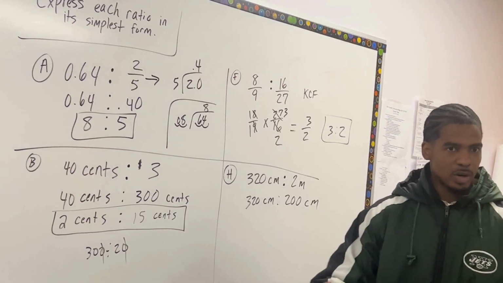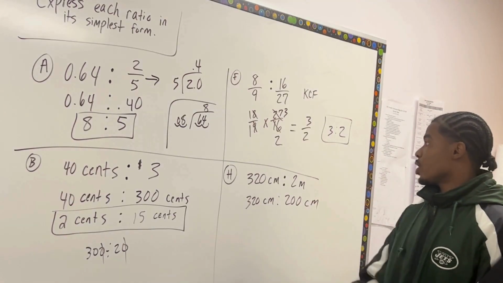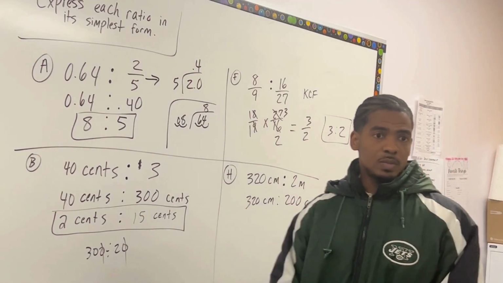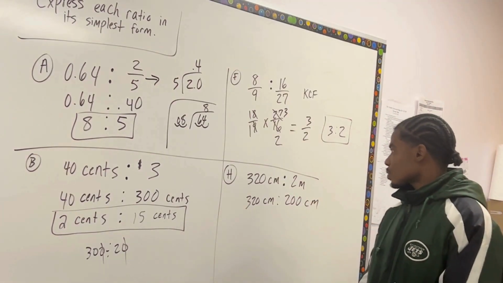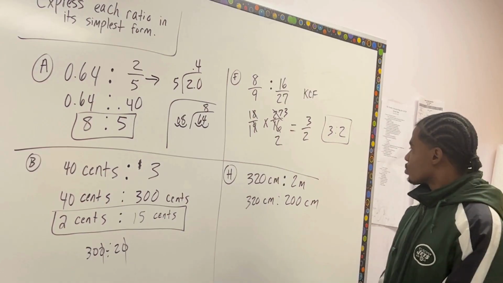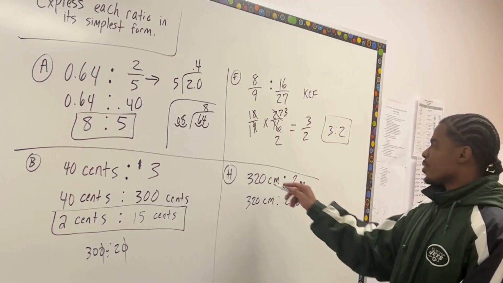So you did the hard part, which is the conversion. Now what would be your greatest common factor of 320 and 200? It would not be 2. So don't worry about the zeros.